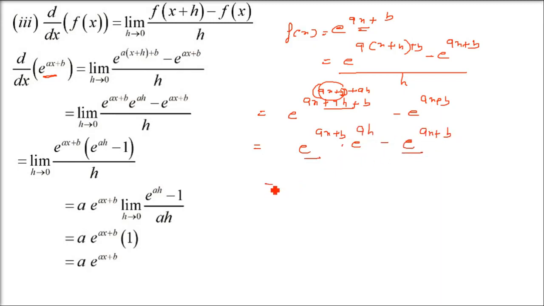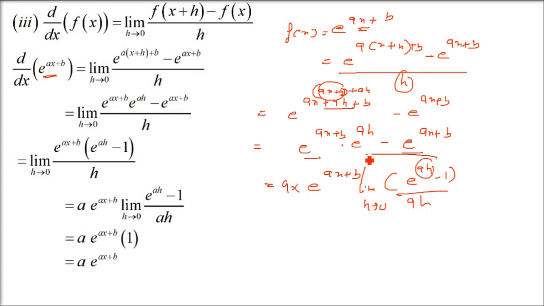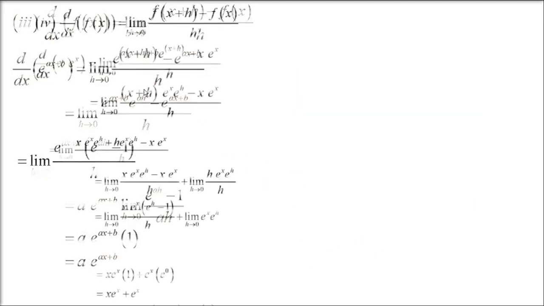So e raised to ax plus b you can take common, and what is inside? e raised to ah minus 1, by h. Since ah is there, you need to include this a also. Limit h tending to 0. So multiply by a here also, just to make it ah. Now this is going to be 1, you know already. So e raised to ax plus b into a is the final answer here.